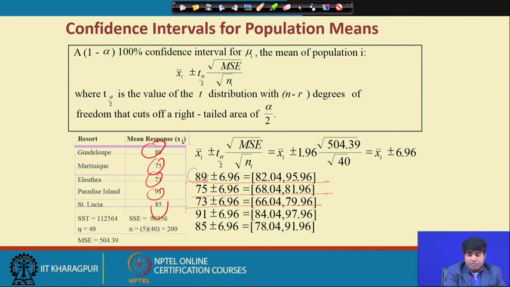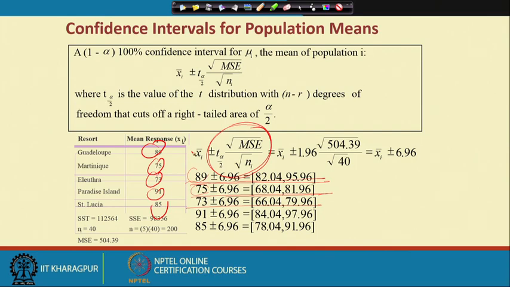So, for 89 the population interval will be like this, and for 75 the population interval. Of course, this is adjusted with the t statistic, because it is a pairwise mean comparison, and the best statistic to apply here is the t statistic. This is the t adjustment, and it is sample specific, because we have different sample sizes, and accordingly we have a different population interval for different means, right.